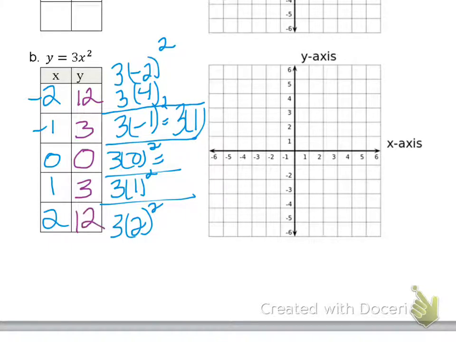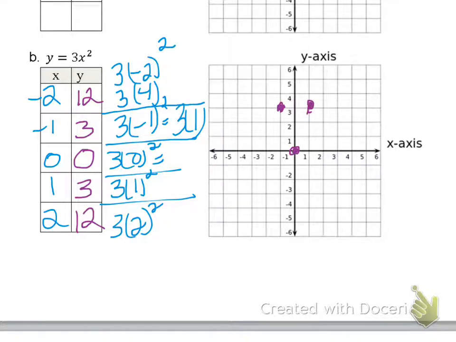So if we graph these points, we'd have negative 2, 12, which doesn't fit on my coordinate plane here, according to how it's labeled. But I can fill in negative 1, 3. And I can fill in 0, 0. And 1, 3. And then 2, 12 again would be off.